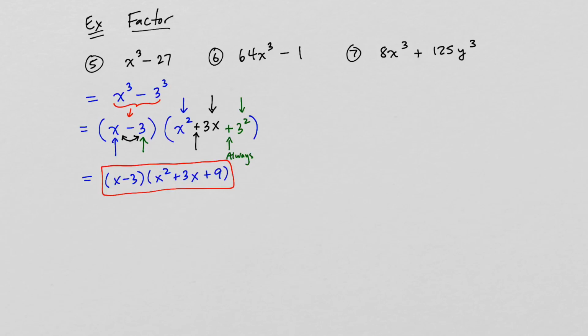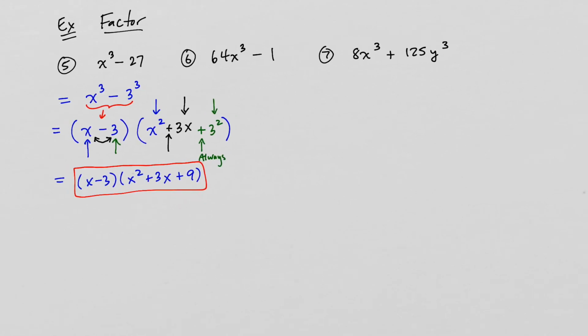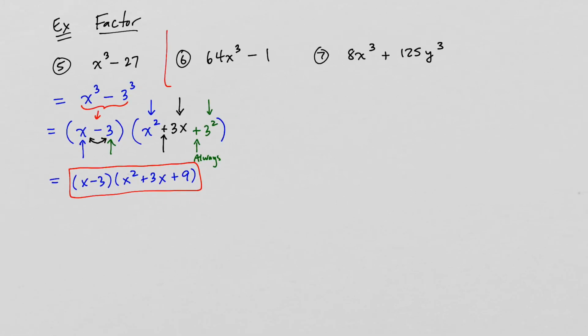Now, I know that that probably doesn't make sense after one attempt. So let's try another one. Let's do this one next. So 64x cubed minus 1. First thing I need to do is express that as the difference of two cubes. 64 is 4 to the third power.